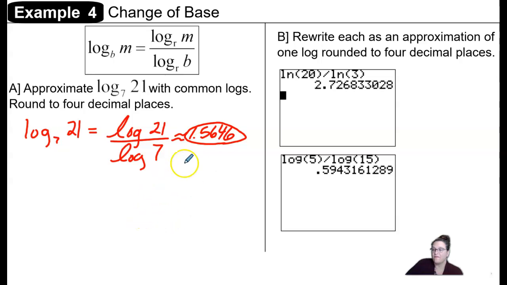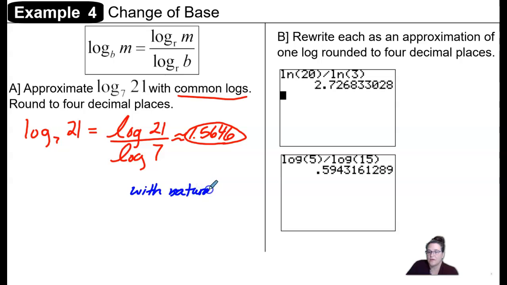Now if instead of common logs, which are base of 10, I wanted to evaluate that using natural logs, I should get the same answer because the r, remember, can be any base.